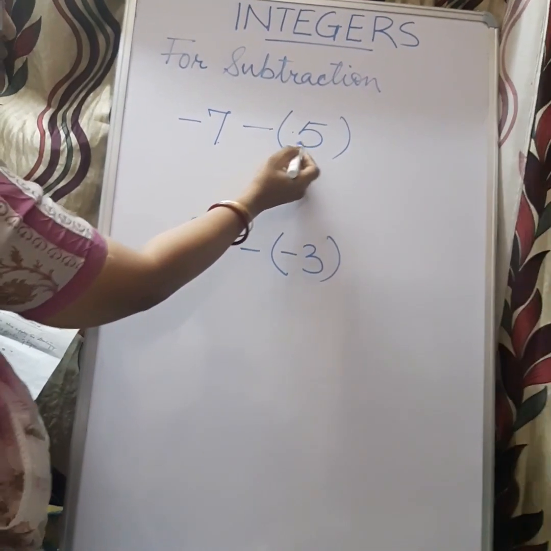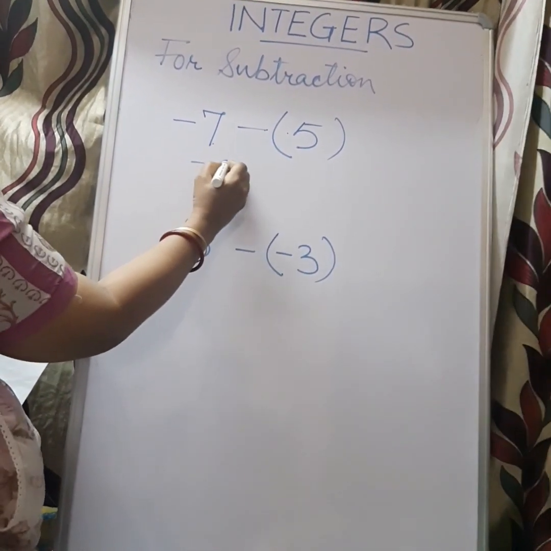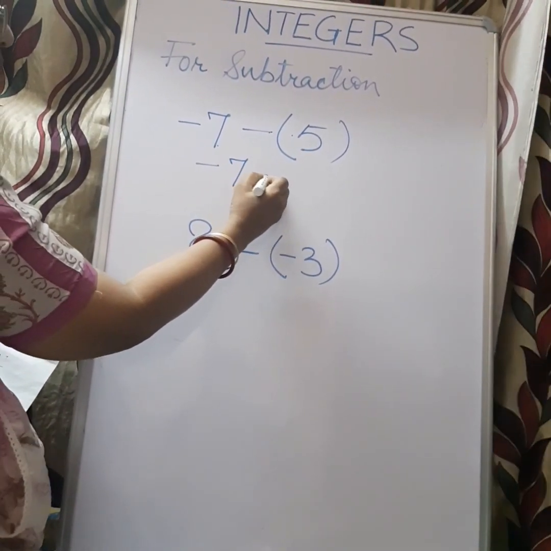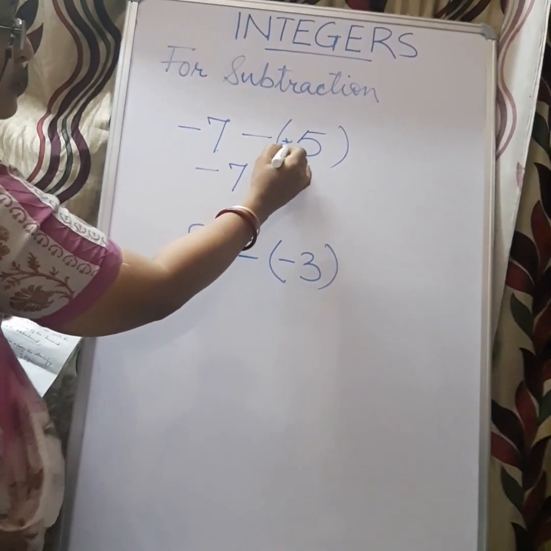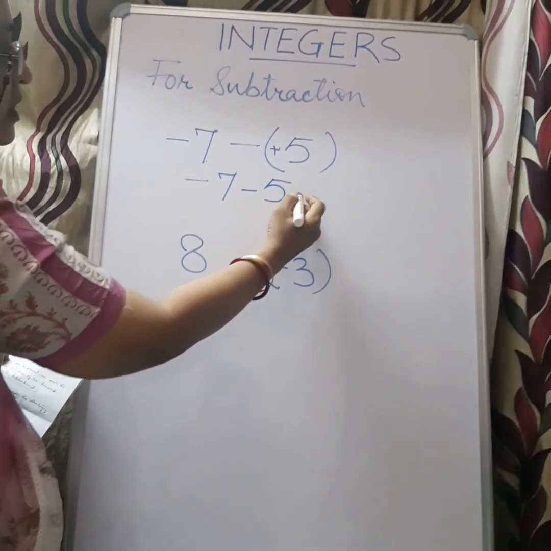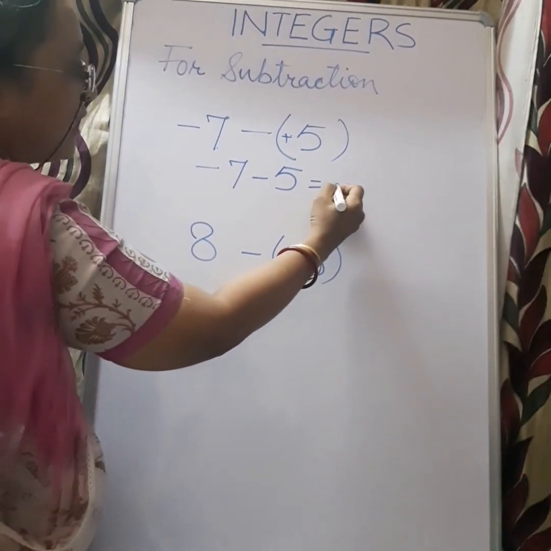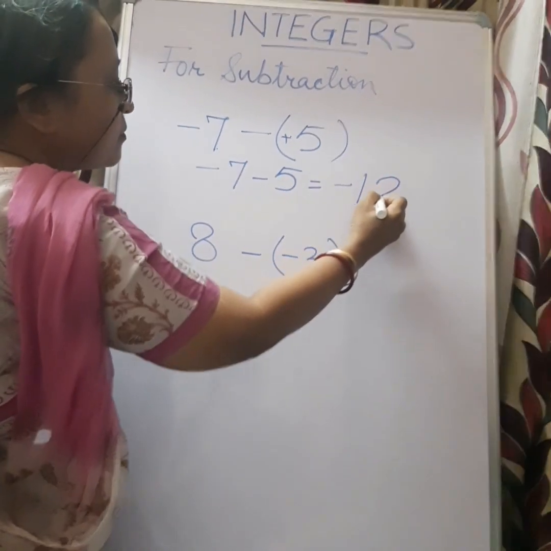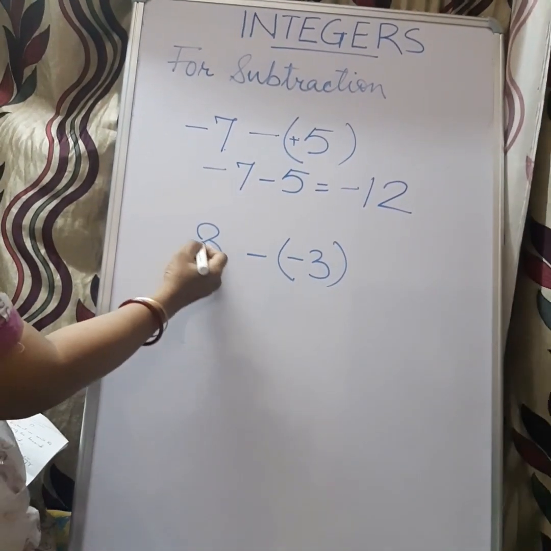So what we do is we write the additive inverse for 5. So this will be minus 7 minus 5. Additive inverse of plus 5 is minus 5, and then we have like signs, so we will add and it will become minus 12.